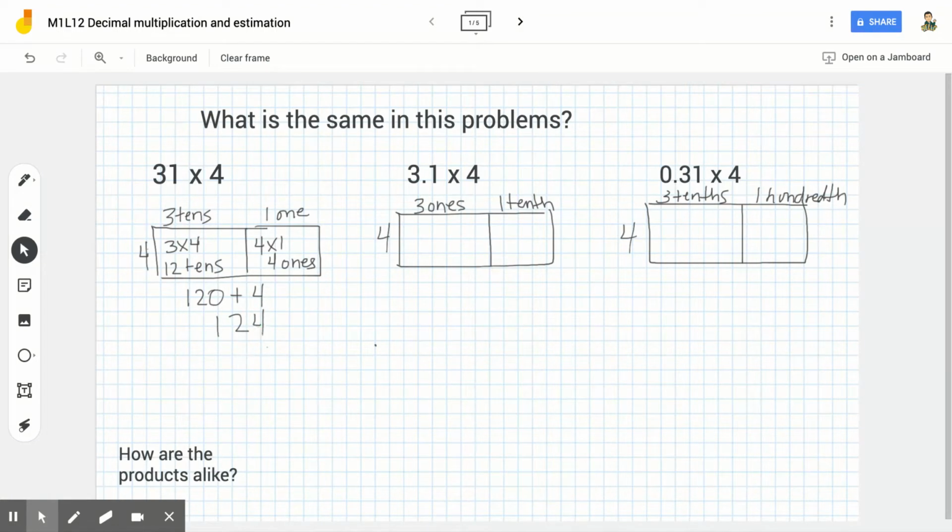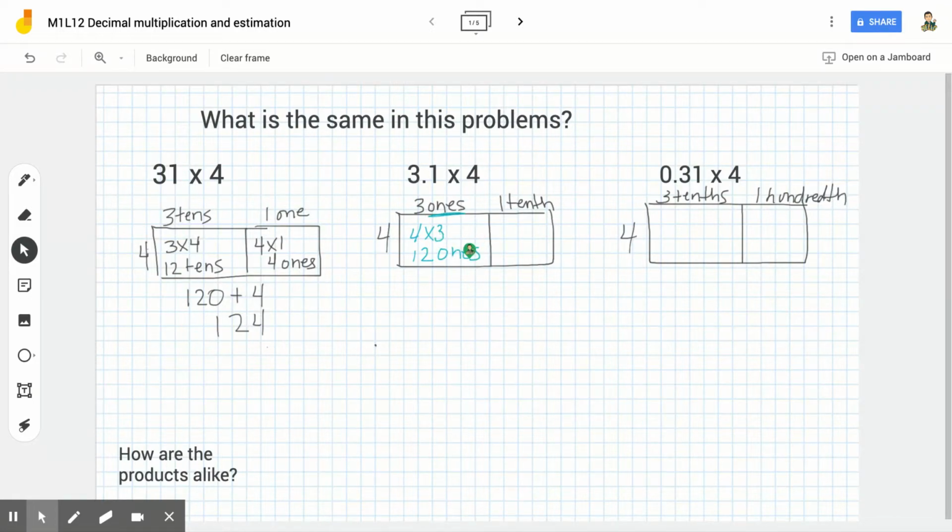Next one, the area of this box would be 4 times 3, length times width. 4 times 3 would be 12. 12 what? 12 ones.